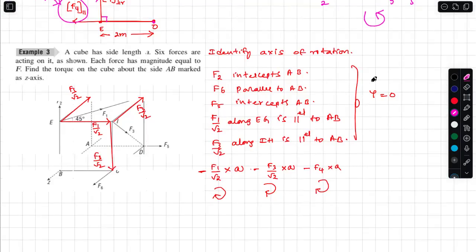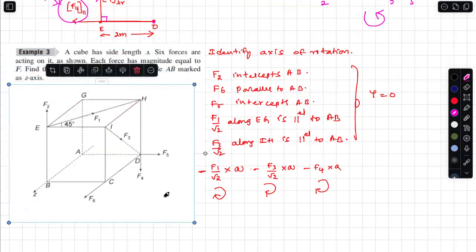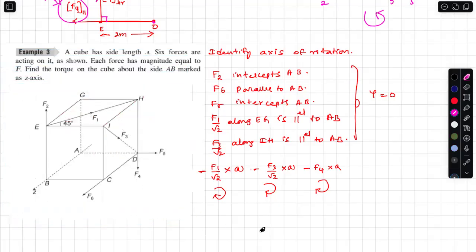Each force has a magnitude equal to F. One minute, let me just search whether I have that. This is better now.